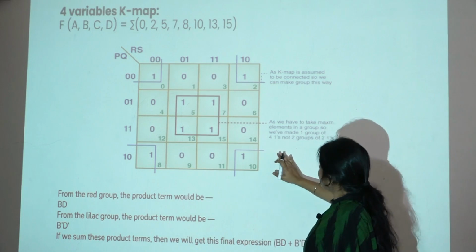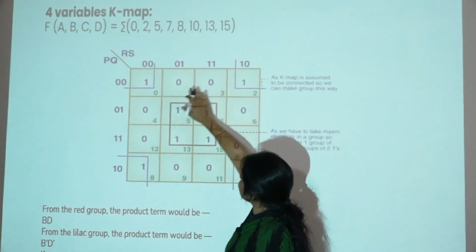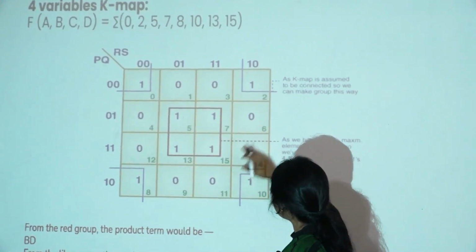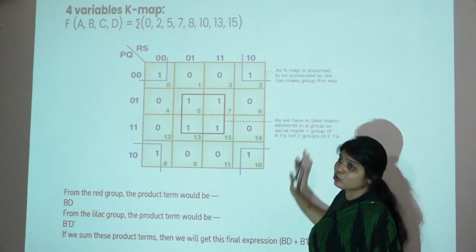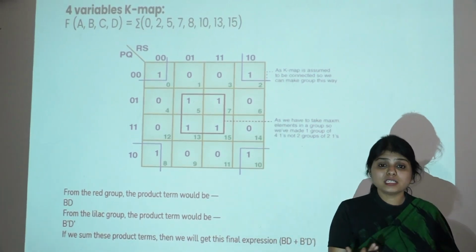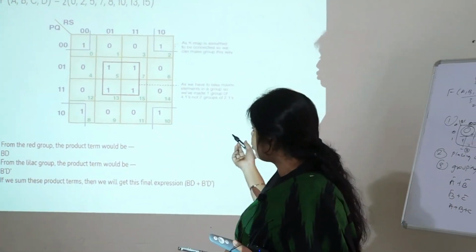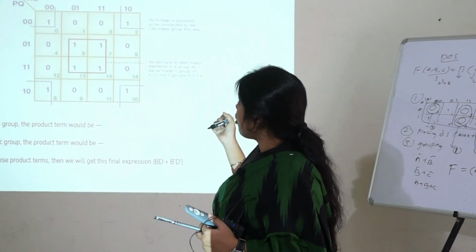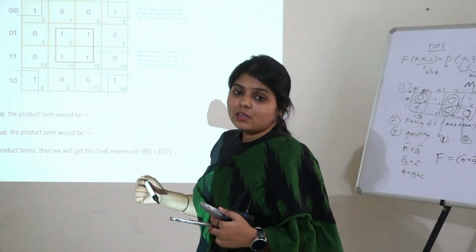Now what are the other ones which are left out? One here, another one here, another one here, and another one here. Don't go for pairing of 8 and 10, or pairing of 2 and 10, or pairing of 8 and 10 and 0 and 2. When wraparound is allowed, what do I do? Instead of pairing cells 0 and 2 or 0 and 8, or instead of pairing cells 2 and 10 or 8 and 10, I go for a quad.